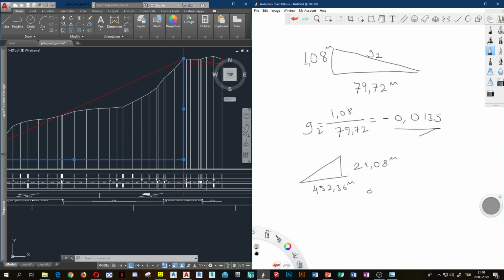G1 must be equal, with the calculator, 21.08 divided by 452.36, of course, plus. Yes, it's G1, it's the G2, and determine your absolute big G equal to G2 minus G1.